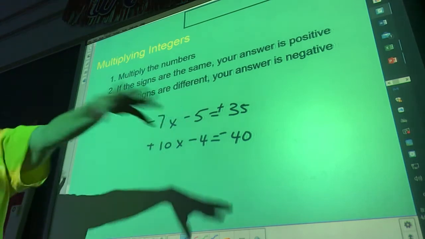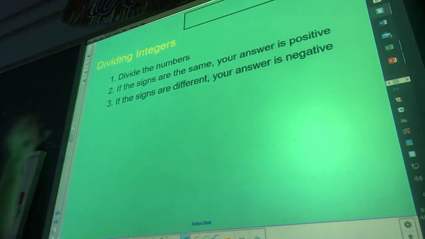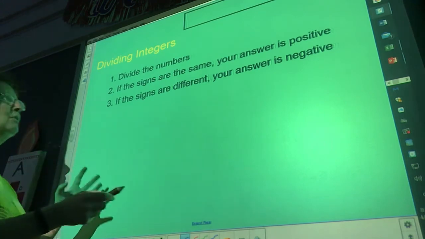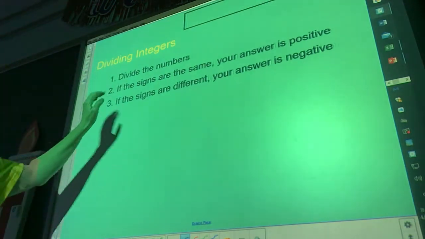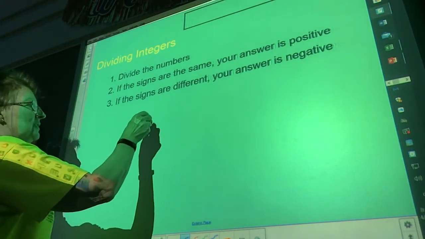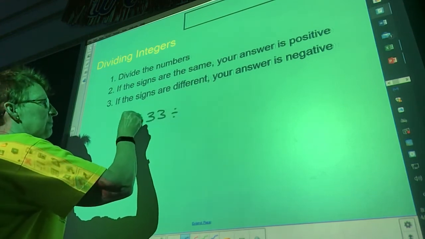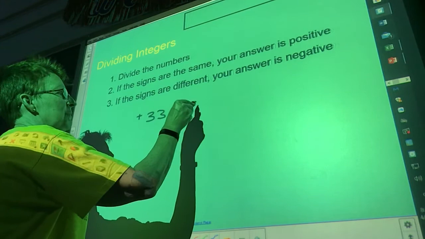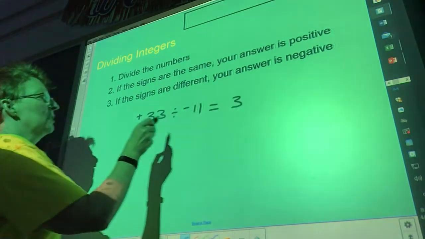And the same is true, exactly the same thing, for division. You divide the two numbers, and if the signs are the same, your answer is going to be positive. If the signs are different, your answer is going to be negative. So if I have positive 33 and I'm dividing it by negative 11, 33 divided by 11 is 3.